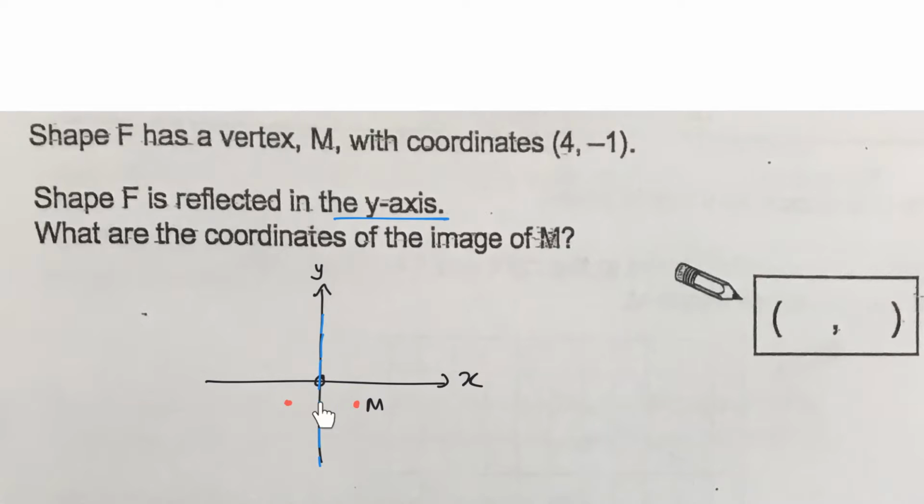It has to be symmetrical, right? So if this one was along the corridor to 4, down the stairs to -1, this one must be along the corridor to -4 and down the stairs to -1.